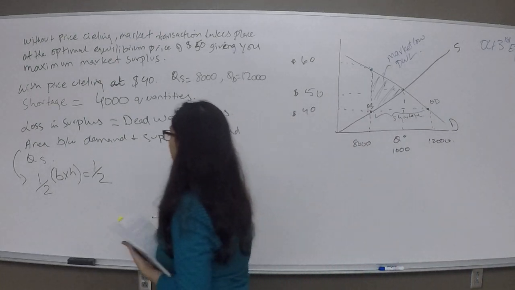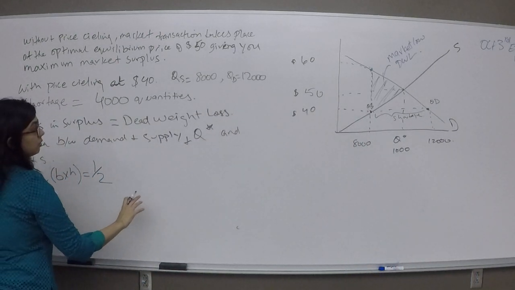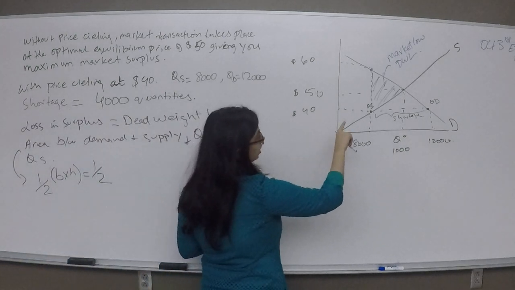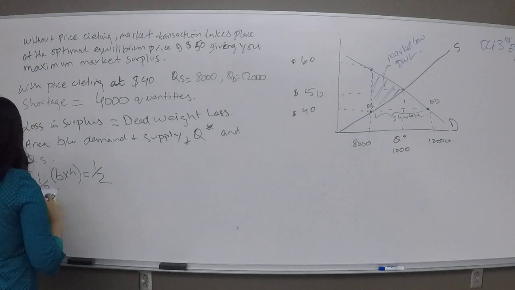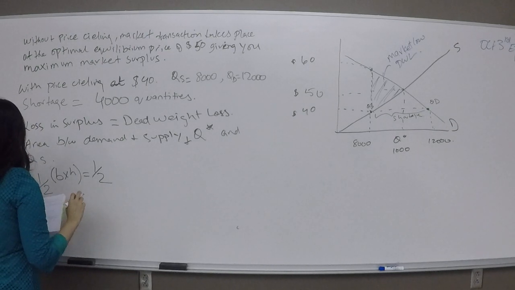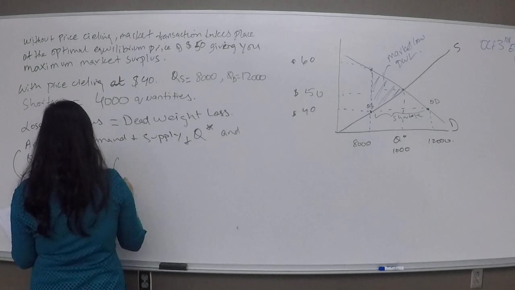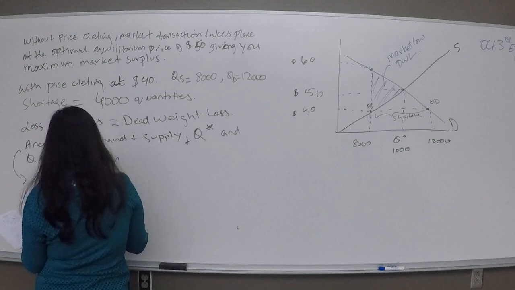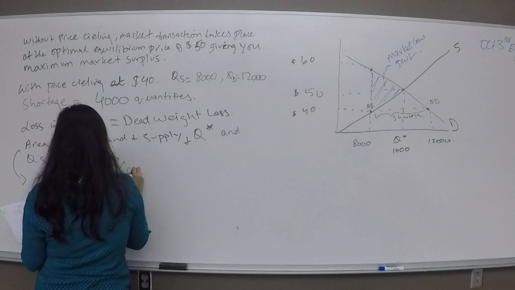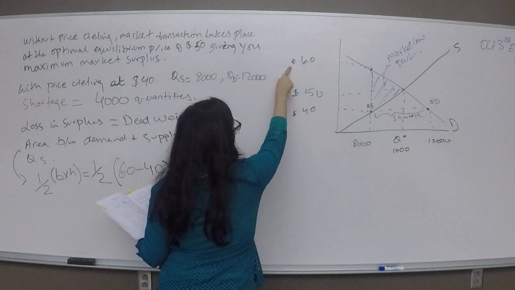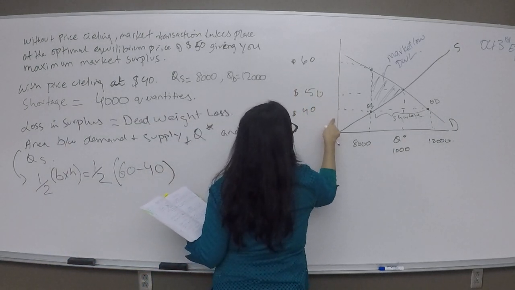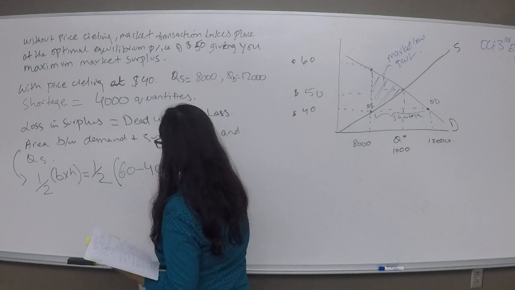So to calculate it, it's a triangle, right? So half times base times height, so 60 minus 40. 60 is the full height, minus 40.